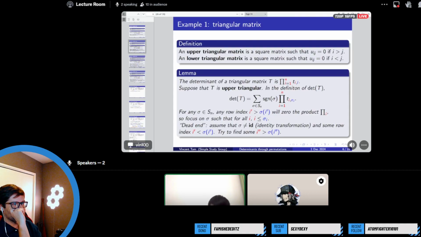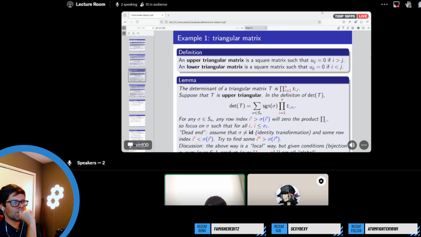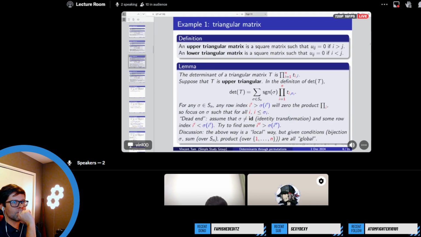I'm not that good at this kind of symbolic logic, so I hit a dead end. Then we observe the given condition, for example, that sigma is a bijection.